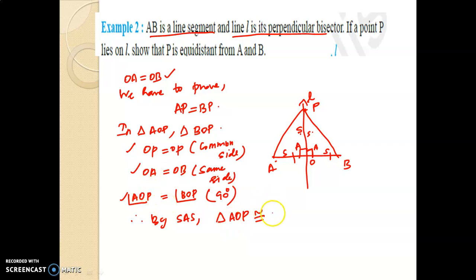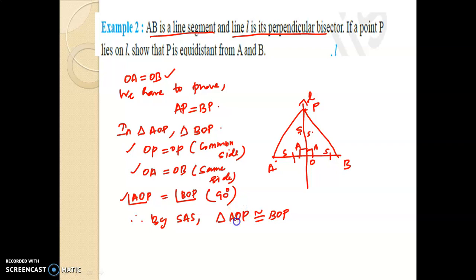OA equal to OB, so OB comes first. So OBP. Now check whether it is in the same order or not. OP equal to OP, but here BP is there, so the order is different, so we should not write like this. Instead we can write BOP.